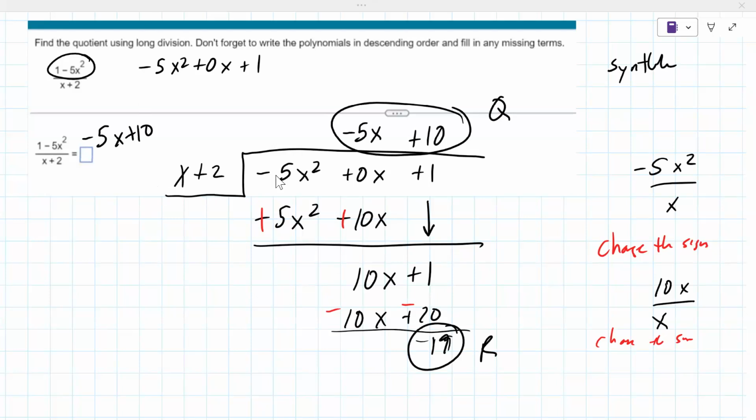Any questions on that? Wait, it said it was wrong. Minus 5x plus 10. Negative 5x plus 10, yeah. Sometimes there are other ways that they want you to write it.